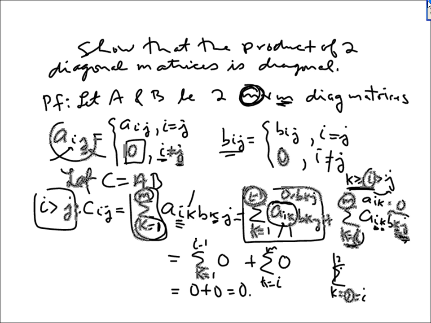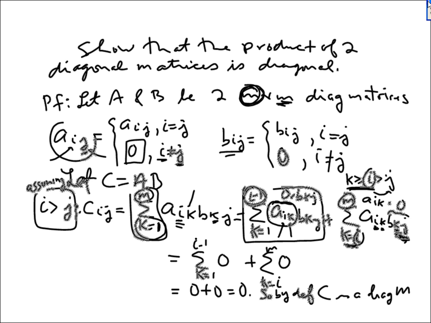So the next line you should write is, what we showed is if i is bigger than j, so we're assuming this, then by definition, C is a diagonal matrix.